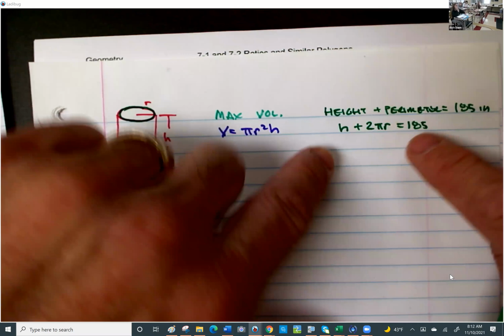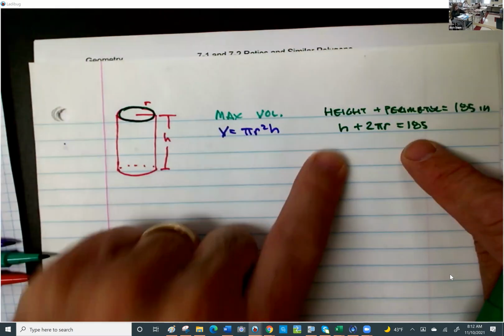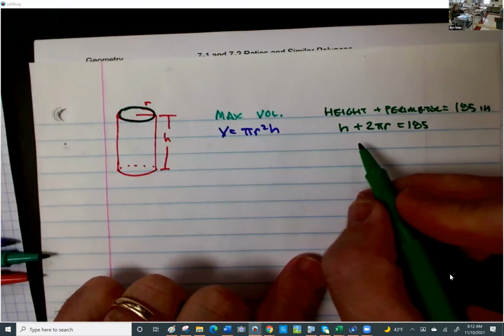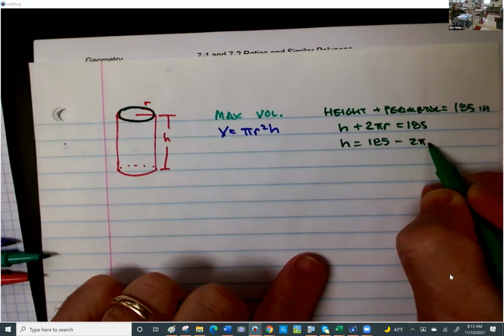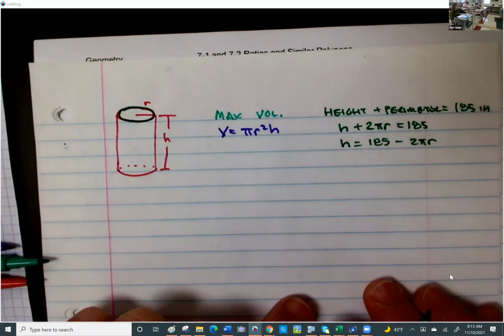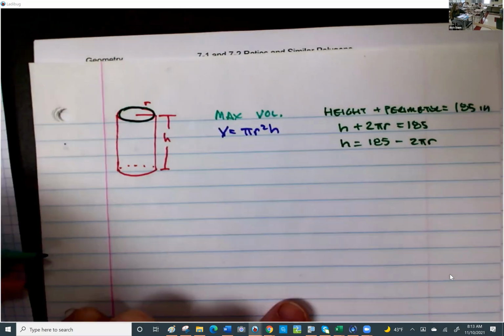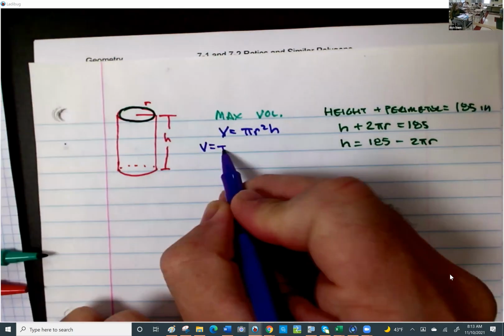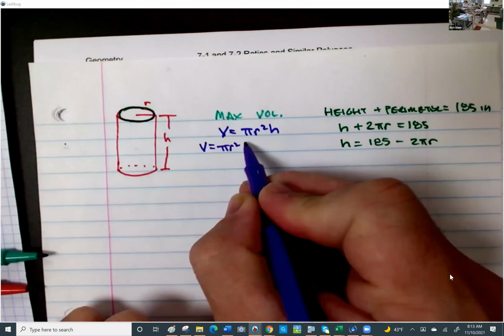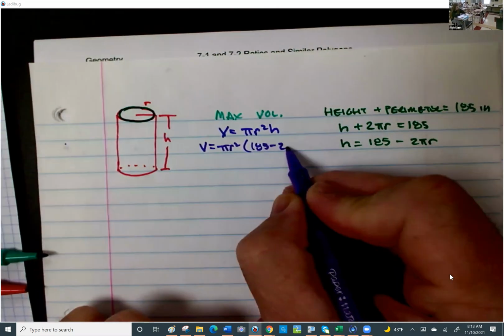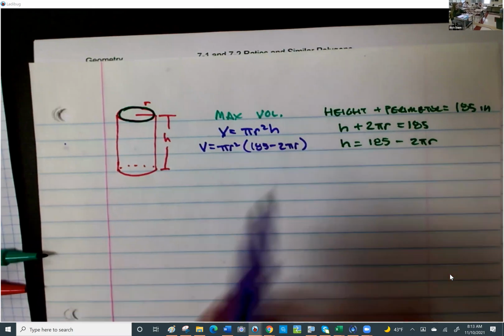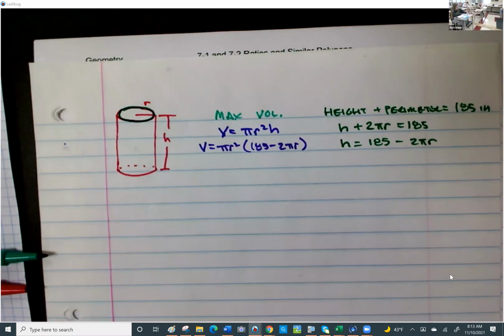Even looking at this equation over here, it looks real simple to find h just by taking that circumference and subtracting it from 185, which means our volume equation would be pi r squared times 185 minus 2 pi r.